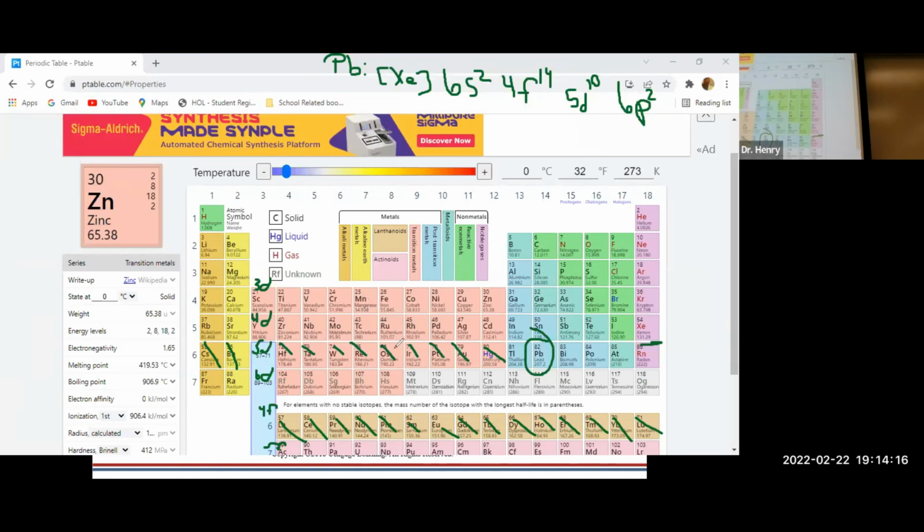Okay, so let's do one more, and then I'm going to teach you something else. Let's do Hassium 108.